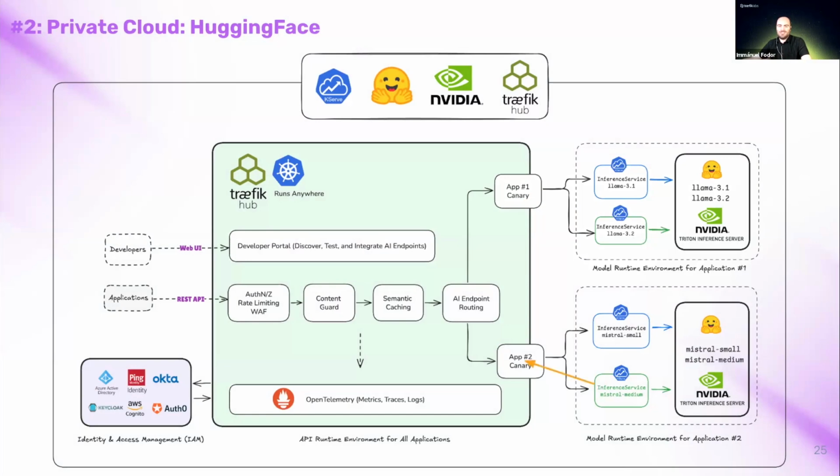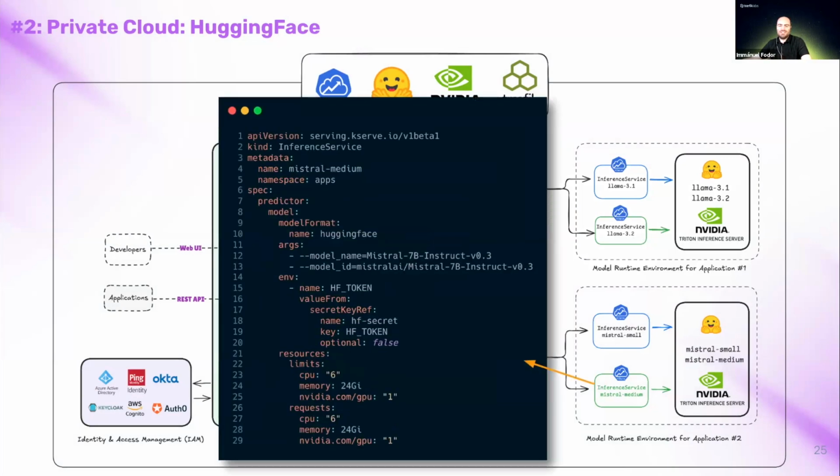You can see that the biggest difference is in the inference service, the KServe-specific thing, where you define which model you want from Hugging Face. You provide a token, the authentication towards Hugging Face to download it. You define your CPU requests and memory requests and limits, assign some GPUs, and that's it.